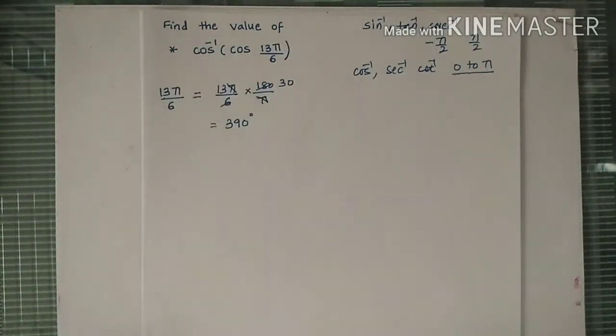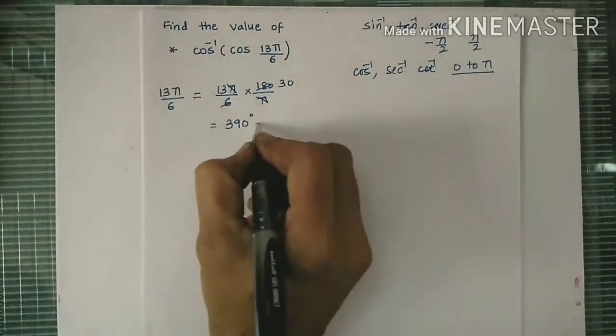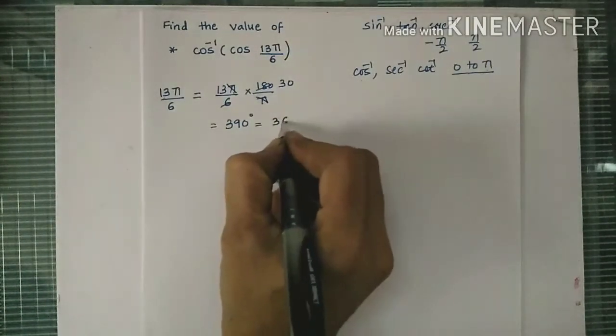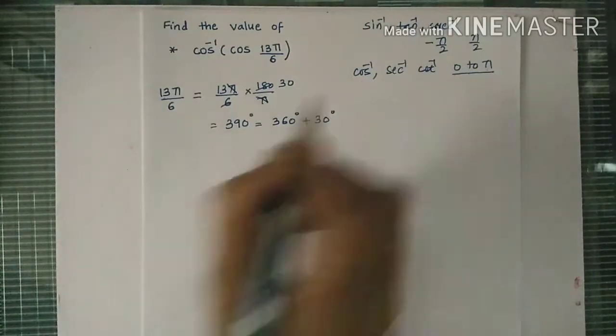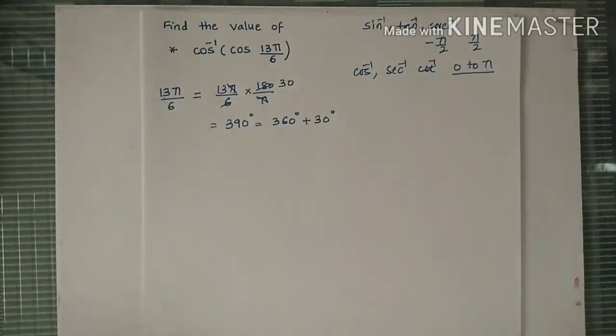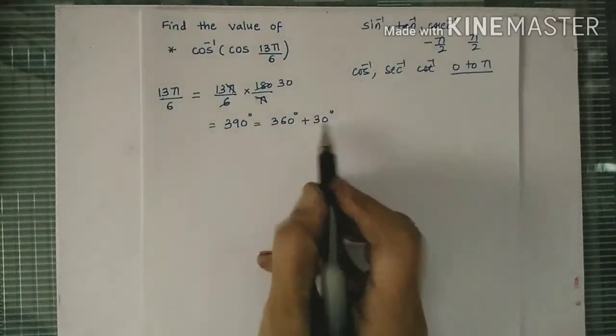So let's find it. For 390 we can write it as 360 degrees plus 30 degrees, and 360 degrees is a complete rotation. So we get the same point again after rotating through 360 degrees. So 360 is equivalent to 0 degrees, and what we get is 30 degrees.